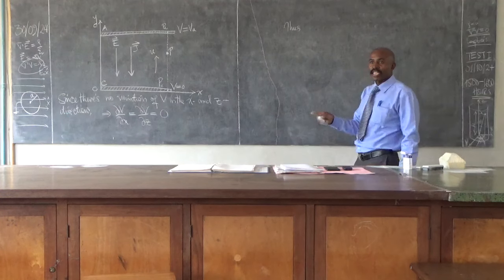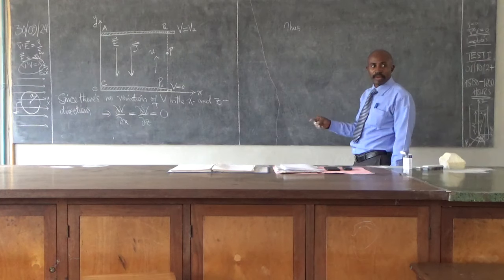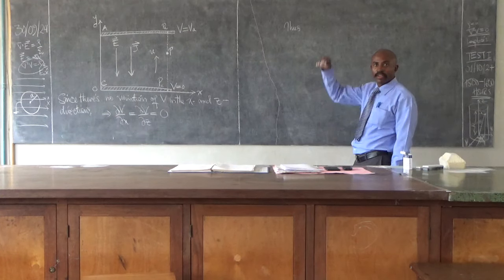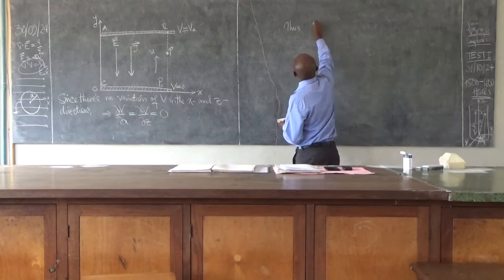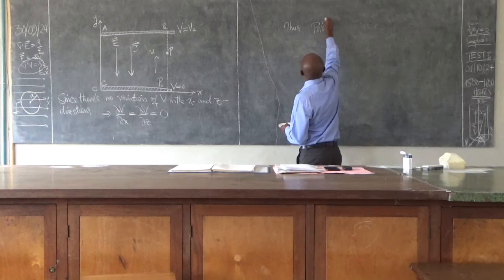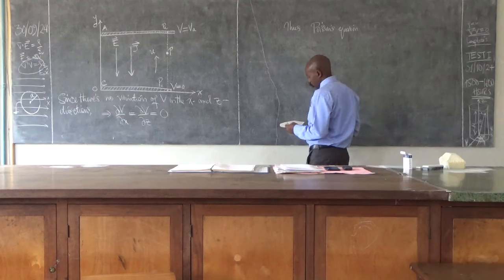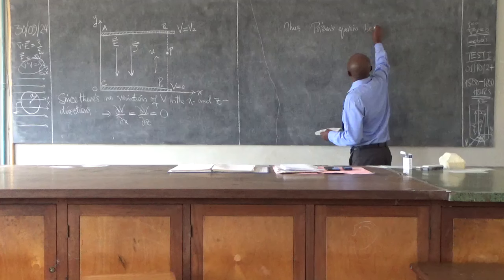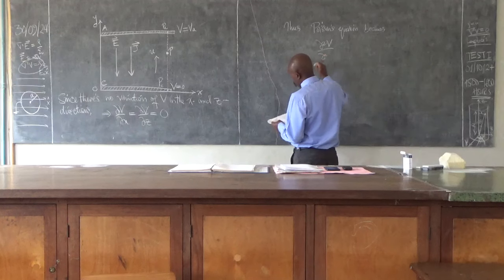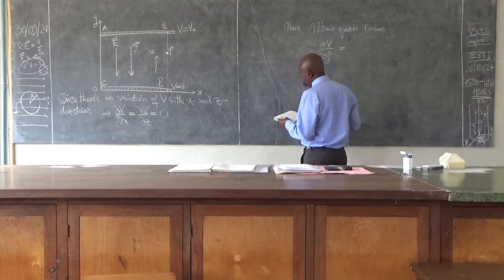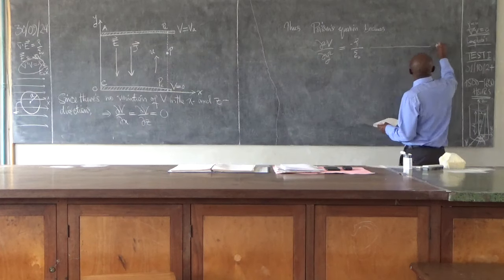So we don't have the ∂²V/∂X² or ∂²V/∂Z². We only have it along the Y. So that's Poisson's equation. Poisson's equation becomes ∂²V/∂Y² equals minus rho over epsilon, and this is our equation.